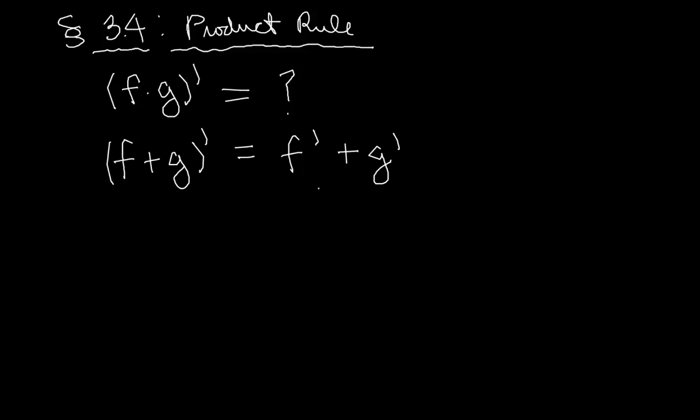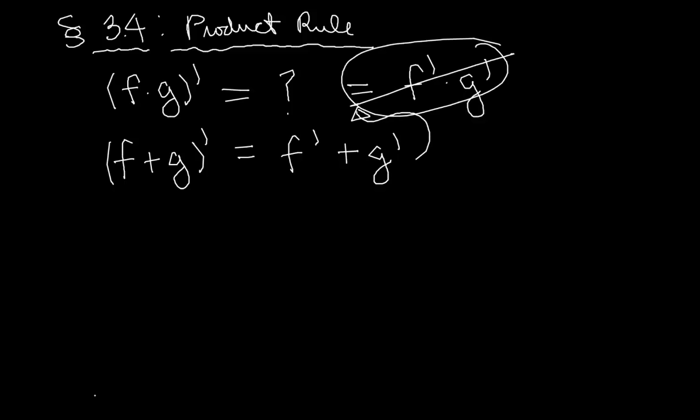It's just the sum of the derivatives. And so this might lead one to think, well, maybe the derivative of f times g is just f prime times g prime. Turns out that that's completely wrong, and that's not what it is at all.